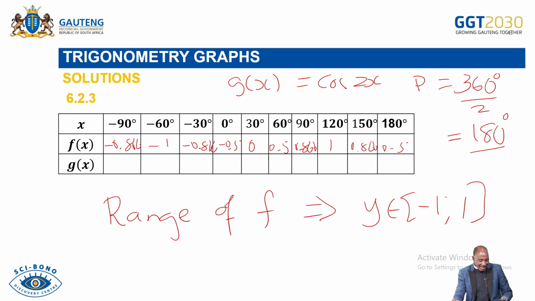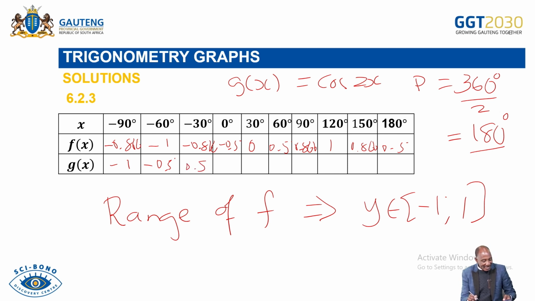You'll have your 2x, on the same domain, -90 to 180, and the step is still 30, then you will retrieve your values. Right, at -90, I have a -1 there. I have a -0.5 here. Then next, I have a 0.5 at -30. -30 is a positive 0.5.